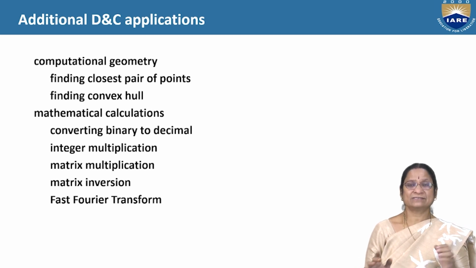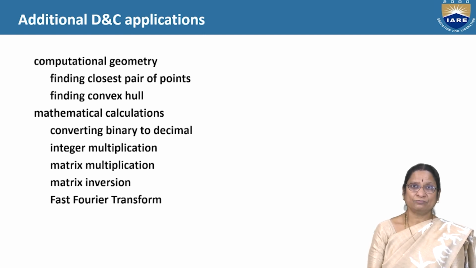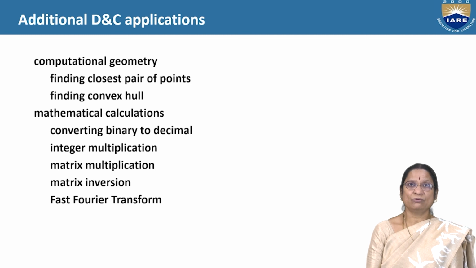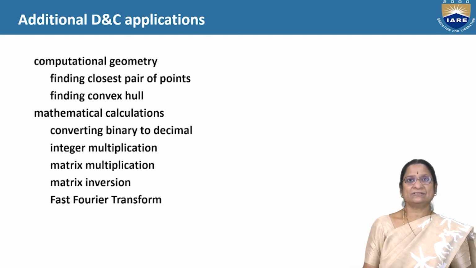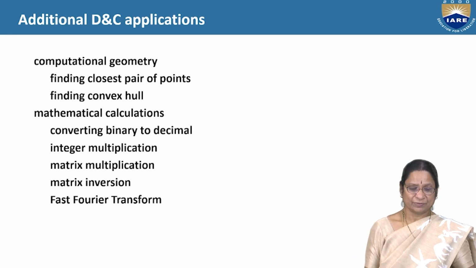We have been discussing various applications in previous videos, starting from binary search, quick sort, merge sort, and now today in this session Strassen's multiplication. In addition to this, many other applications are there. Depending upon the respective domain requirement, we can apply this technique.